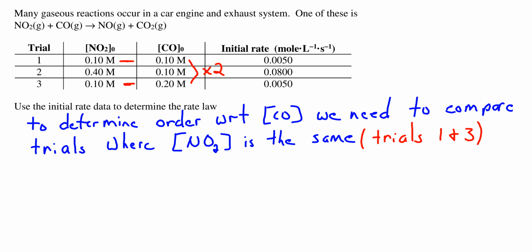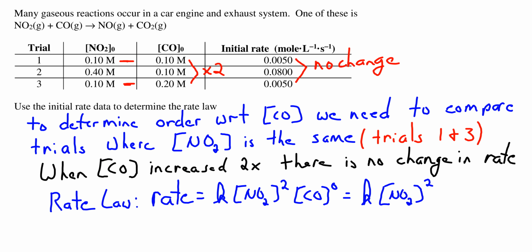And we compare the reaction rates of trials 1 and 3, and we see that there is no change. That tells us that this reaction is independent of the concentration of CO.